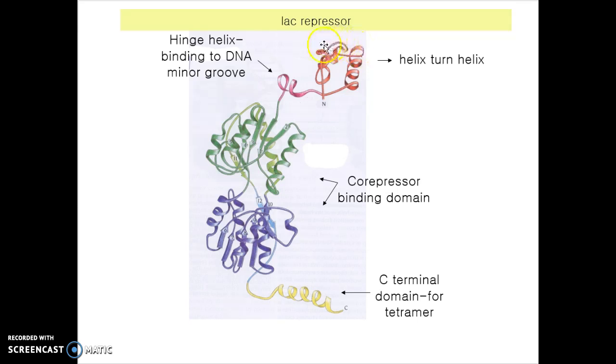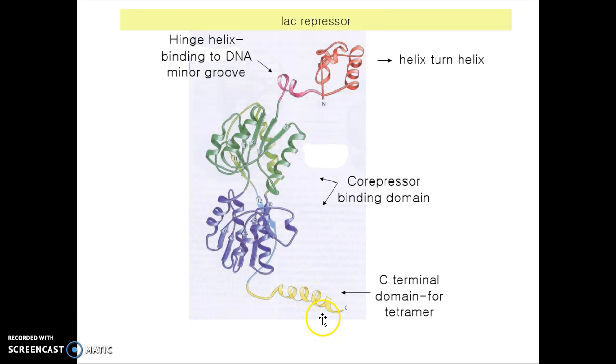Amino terminal DNA binding domain in red with the helix-turn-helix motif, and large core domain having 2 subdomains, green and blue, where the co-repressor lactose binds to.